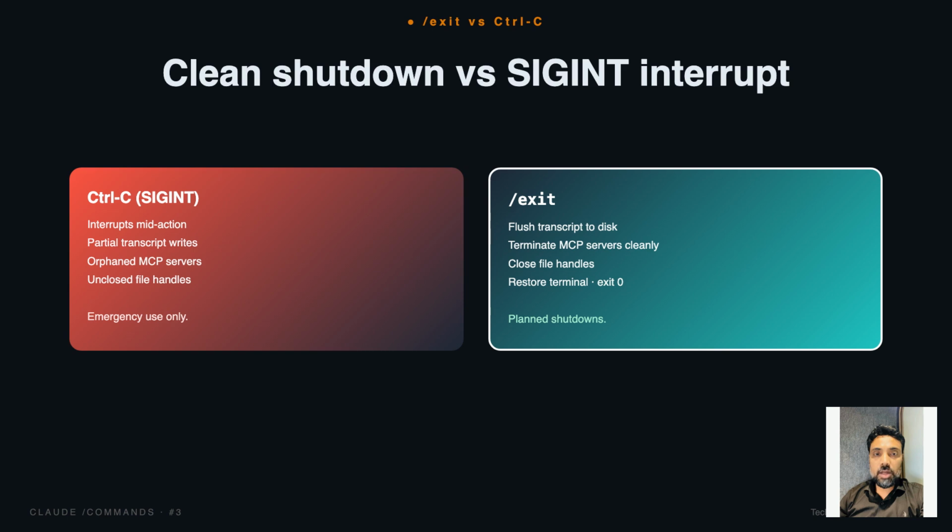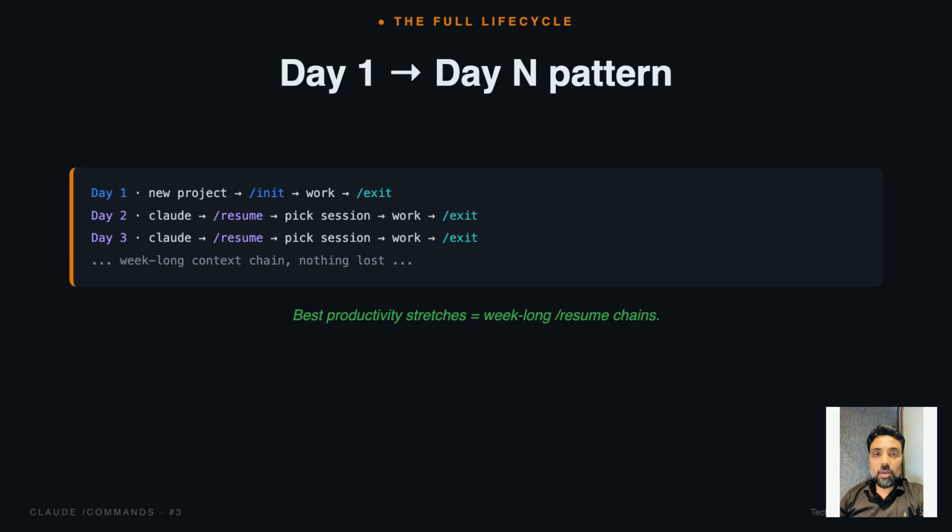In practice, this matters mostly when you're in a long agentic run and want to stop it. Ideally, hit escape or a similar interrupt to abort the current task, wait for Claude to acknowledge, then /exit. That's the clean sequence.